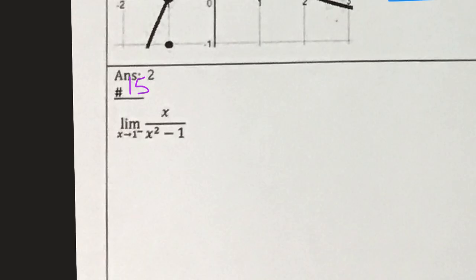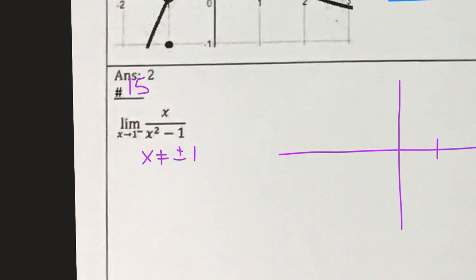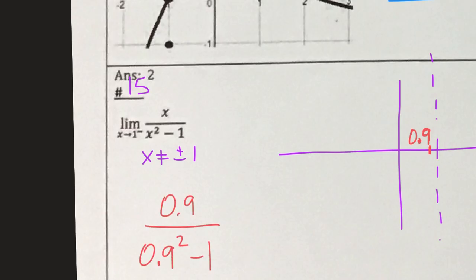So notice we're going to have an asymptote at positive and negative 1. Okay, so we're being asked what is going on the left side of our vertical asymptote. Okay, so we're going to plug in a number like 0.9, right? That's a number that's a little bit to the left of positive 1. So 0.9 over 0.9 squared minus 1.